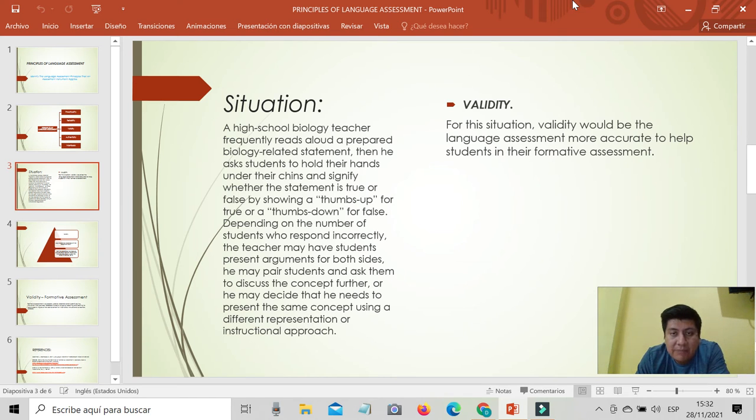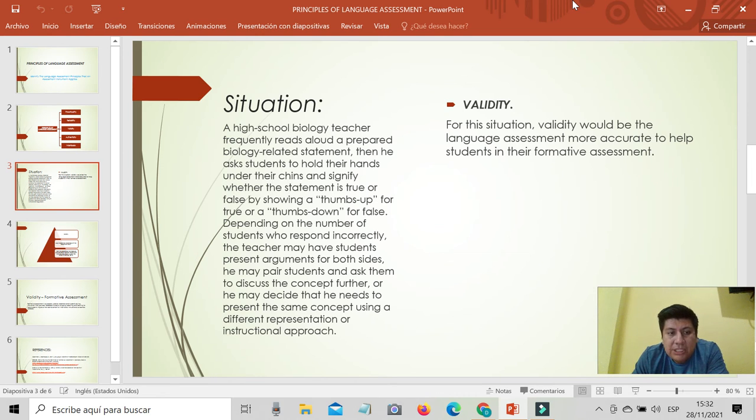They can correct by themselves, and the teacher can also provide feedback, so students can improve and build scaffolding toward meaningful learning.